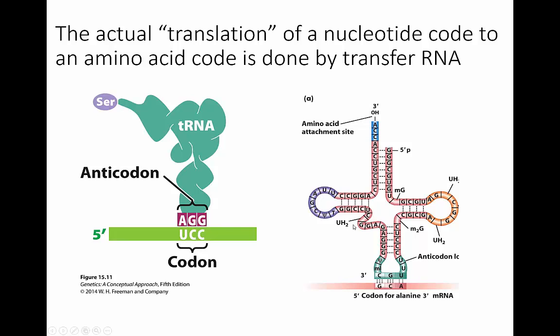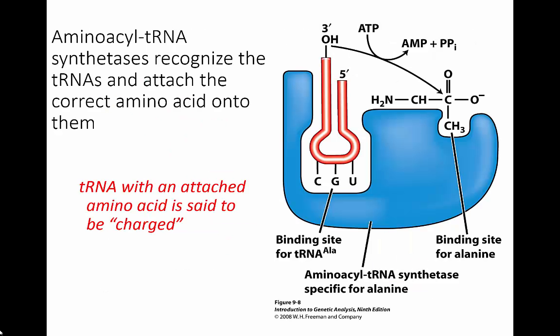Just want to mention one more thing. You notice there's a couple of strange characters on this transfer RNA. These are simply bases that have received some kind of post-transcriptional modification. So there are some enzymes that bind to it and just modify them slightly. Now, transfer RNAs have to have their correct amino acid bound onto them.